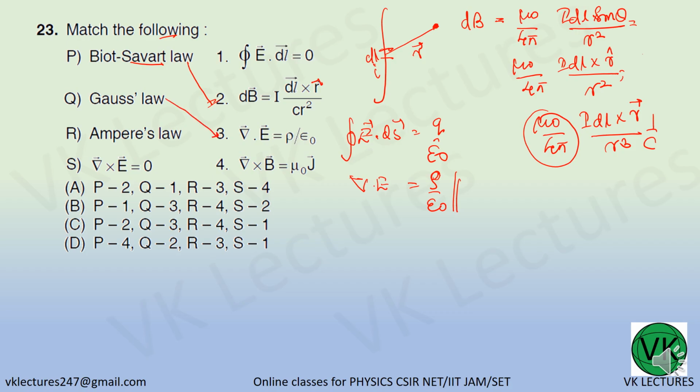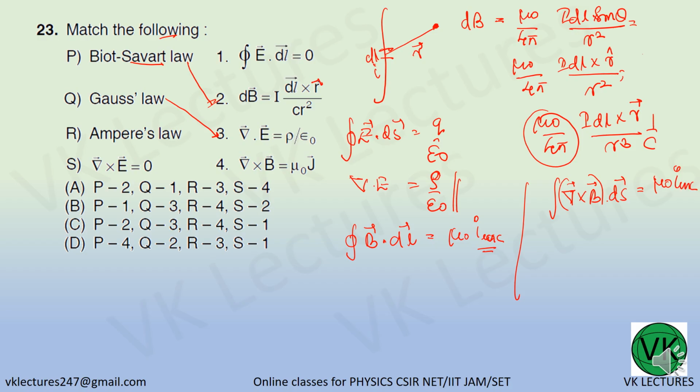Now we know Ampere's law. Ampere's law is nothing but integral B bar dot dl bar equal to mu naught times I encircled. Now we can write this as integral del cross B dot ds equal to mu naught I encircled.